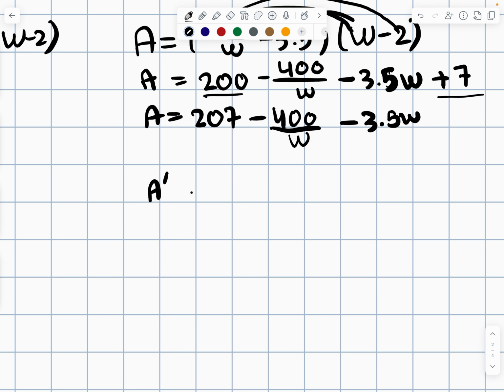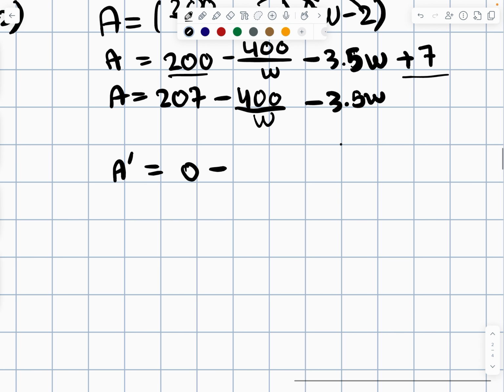So the derivative of area is going to now equal to 200. The derivative of 200 is 0. So 0 minus the derivative of 400 over w. Actually, let me rewrite that. Negative 400 and then w to the power of negative 1. Now, when we take negative 1 to the bottom, it's going to become 400.